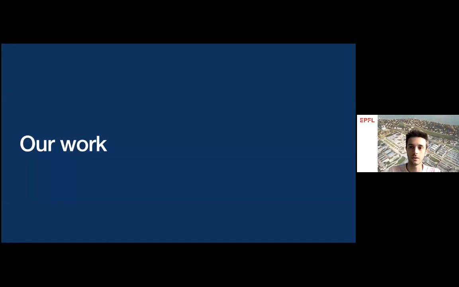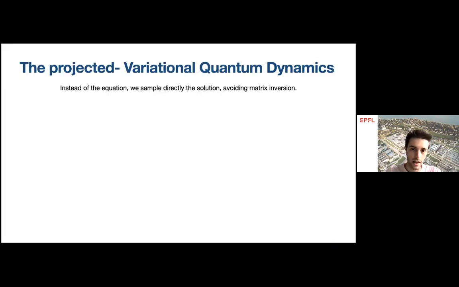dynamics of quantum systems. And the solution, I think, is very, very simple. The idea behind the solution is very simple. Instead of solving the equation, which is basically the same, as we will see, we sample the solution, the parameter shift, and we improve upon this solution iteratively.